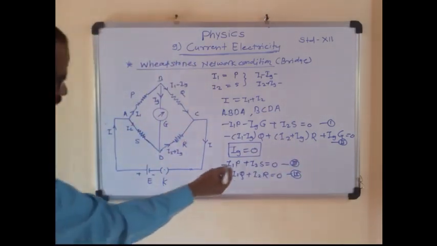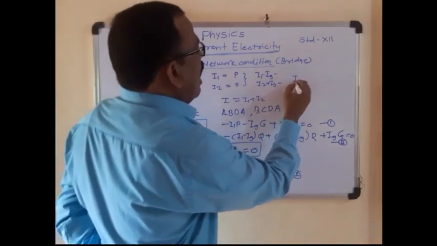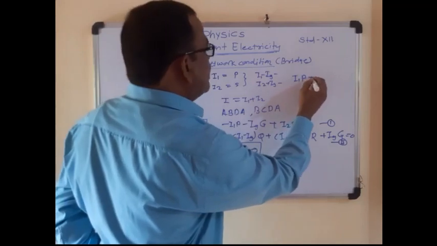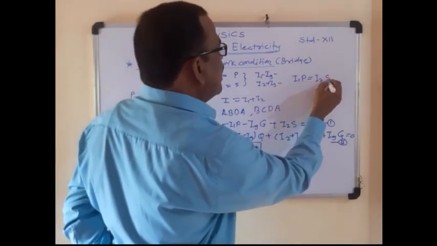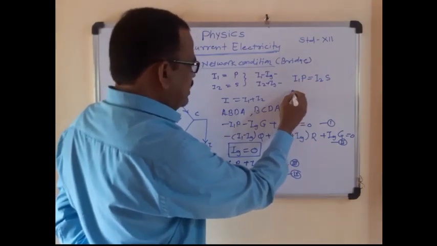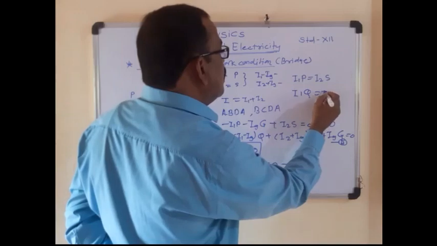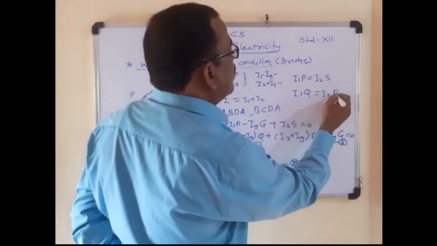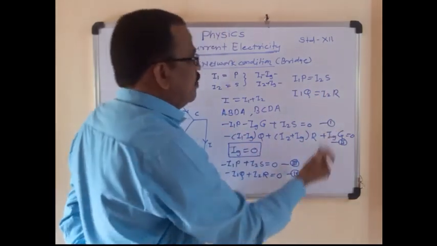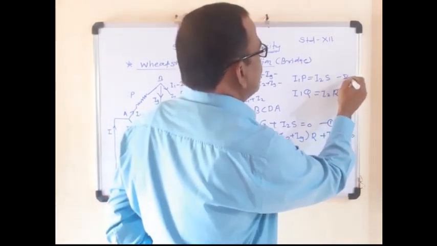Therefore, equation number 3 can be written as I1P is equal to I2S, and equation number 4 can be written as I1Q is equal to I2R.